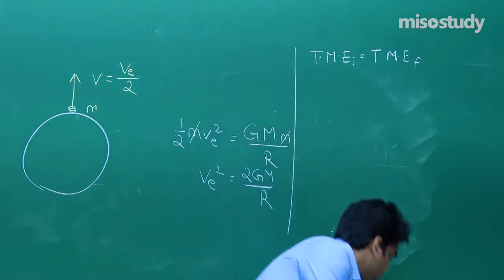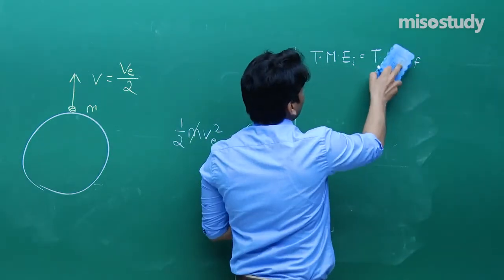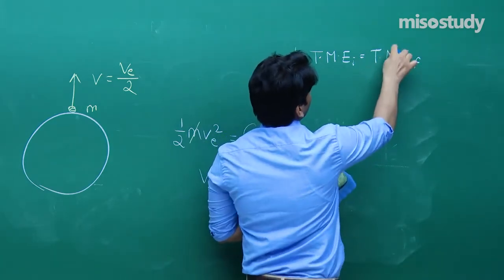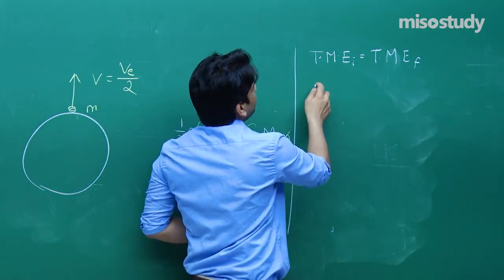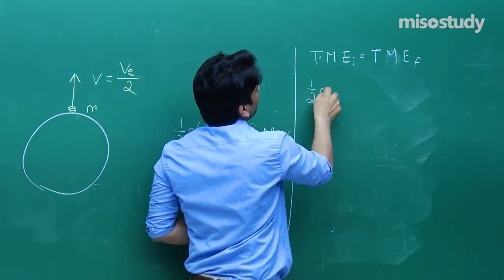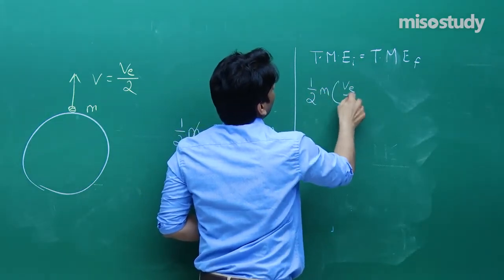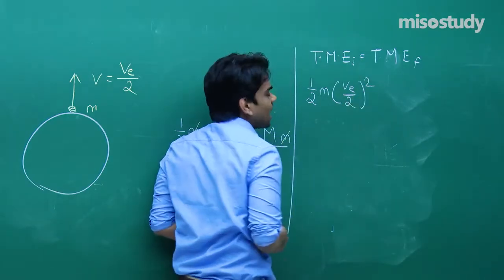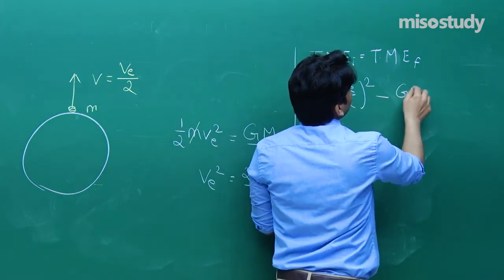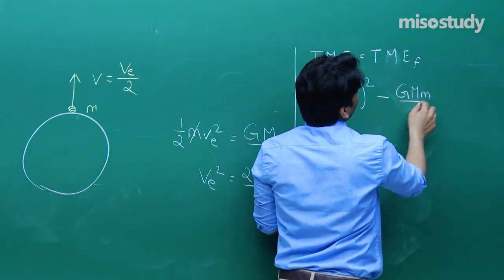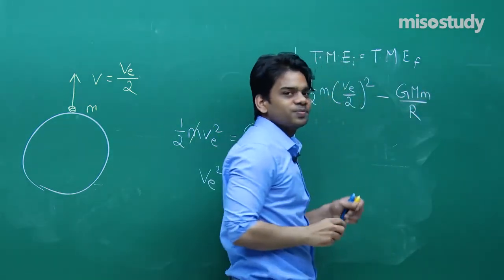This is what we will be evaluating for total mechanical energy final. Now, total mechanical energy initial will be half m (v_e by 2) whole square, that is the kinetic energy initial, plus potential energy, that will be minus GMm by R. This is what we know.